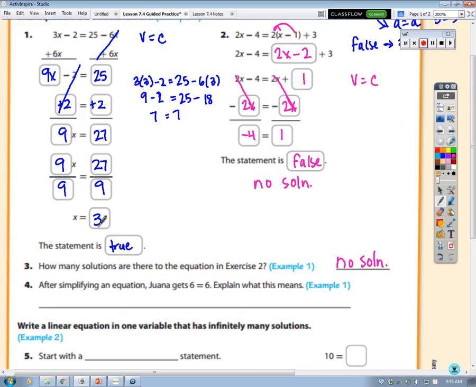If you have many solutions, you're going to have a number equal to itself. So how many solutions does this have? Many, right? That means that the equations that gave you this solution are the same line and they would lie on top of each other. So this is many solutions.